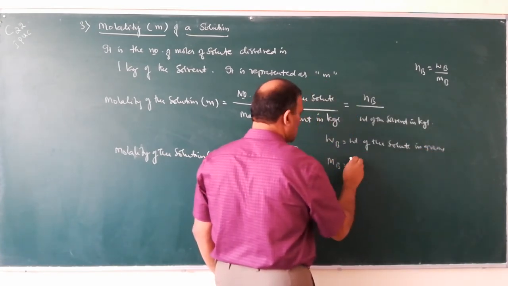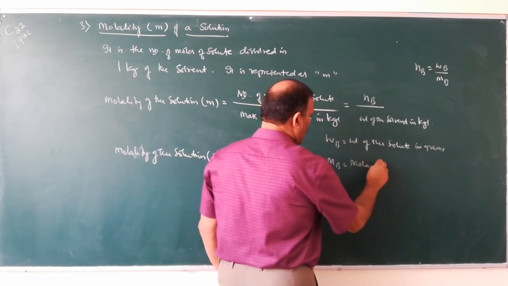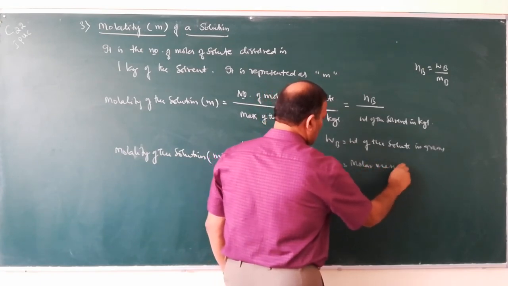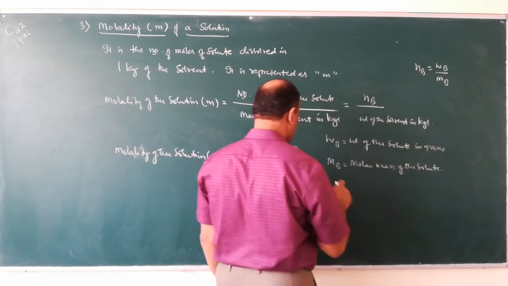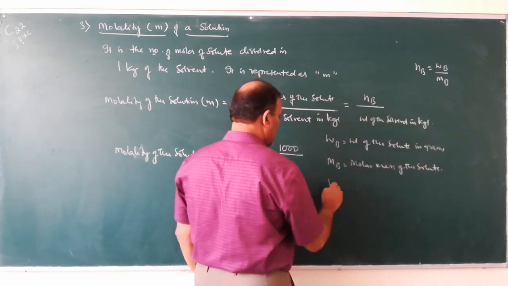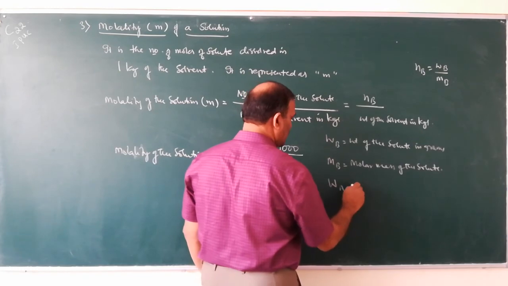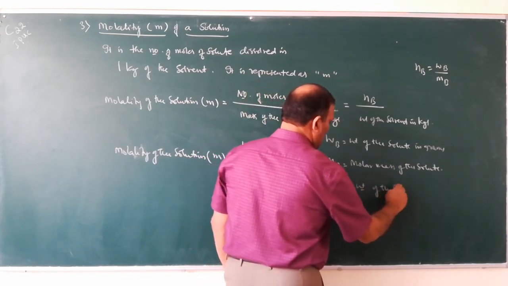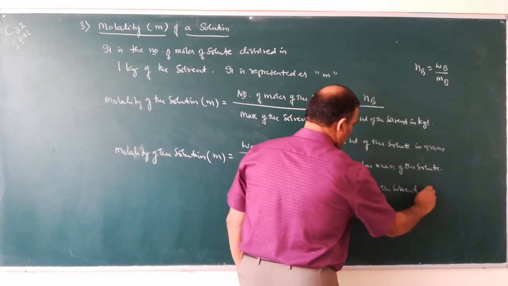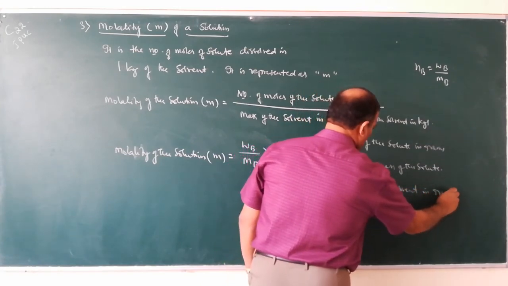MB equals the molar mass of the solute, and WA equals the weight of the solvent in grams.